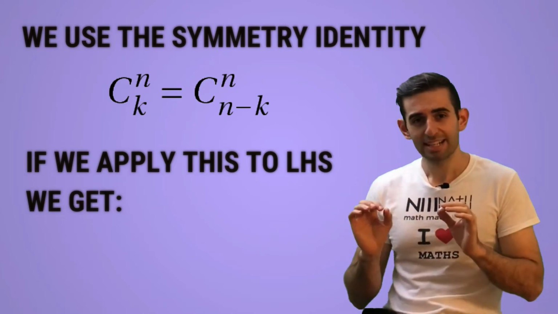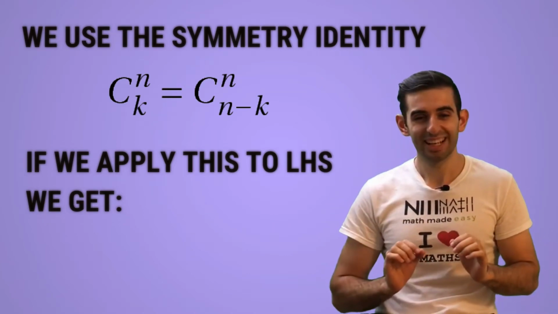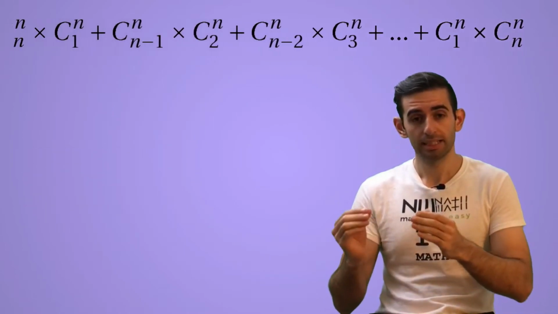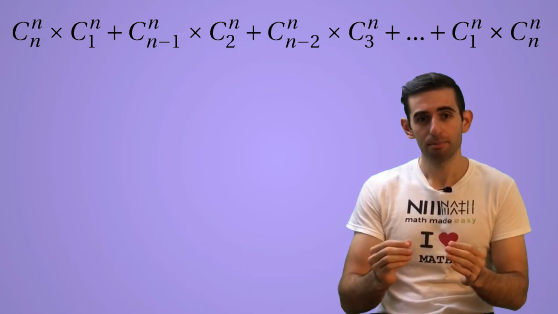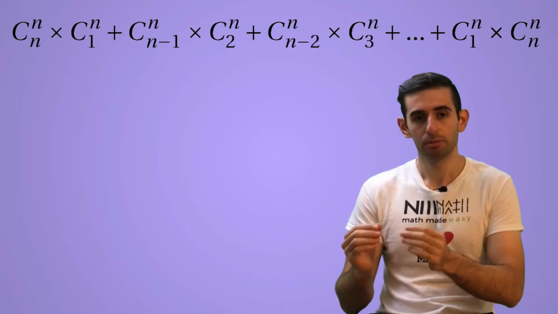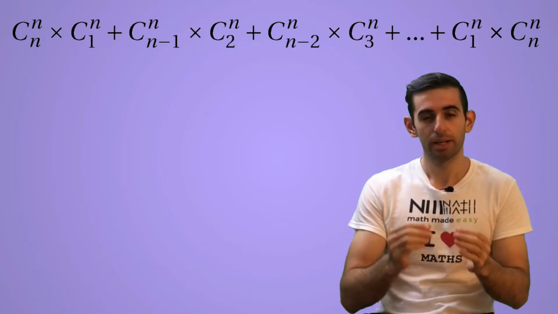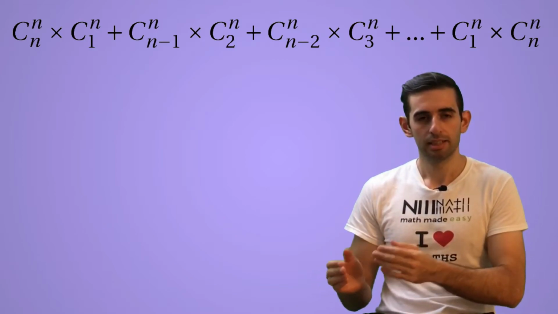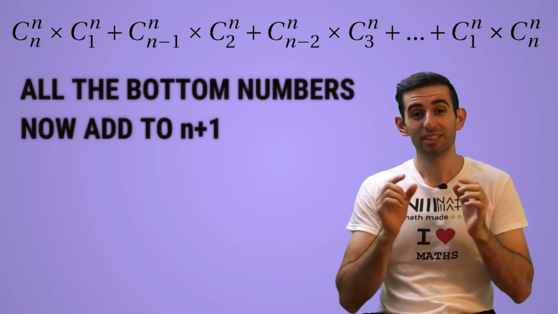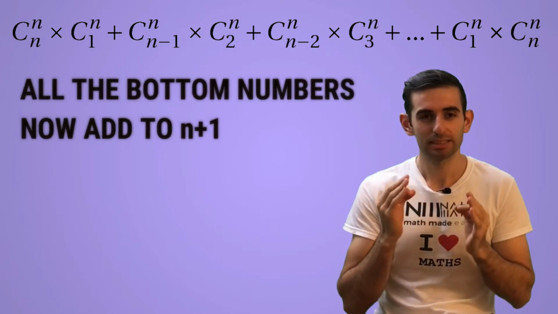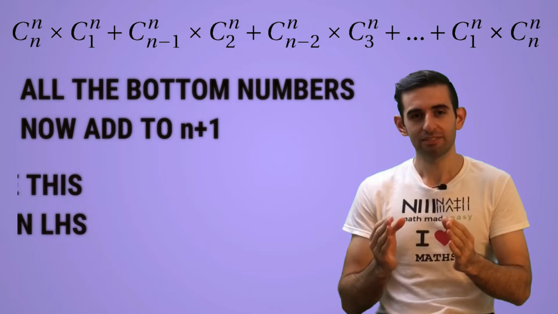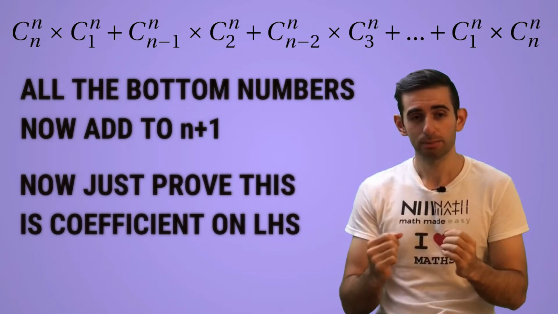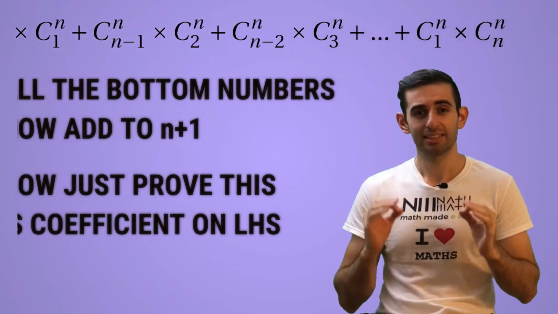So if we apply that identity to the first part of each of those terms, it will turn into nCn nC1 plus nC(n-1) nC2 plus nC(n-2) nC3 plus ... plus nC1 nCn. And now you'll notice all those numbers add up to n+1. So we just have to explain why that is the coefficient of x to the n+1 on the LHS, and we are done.